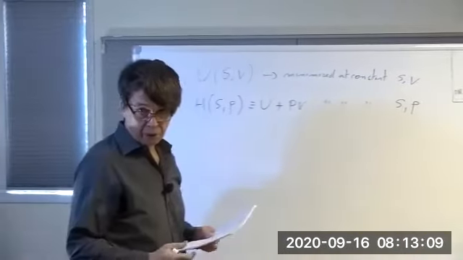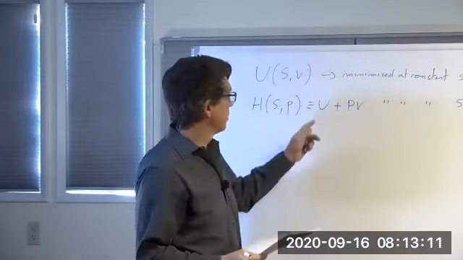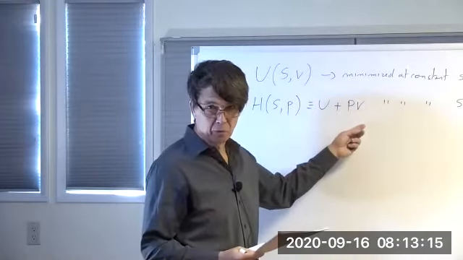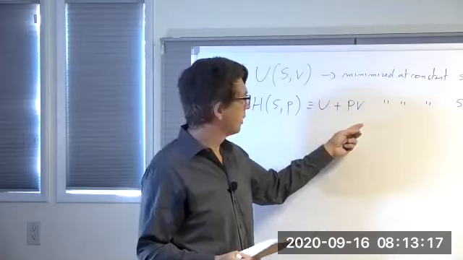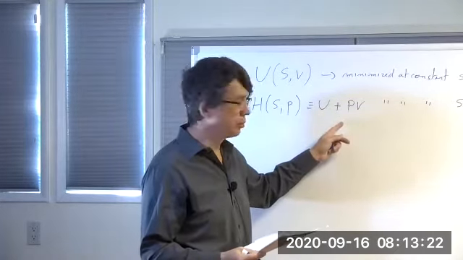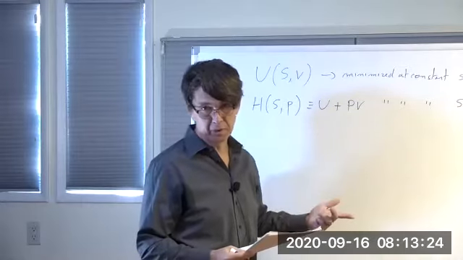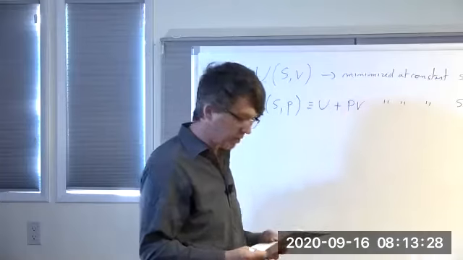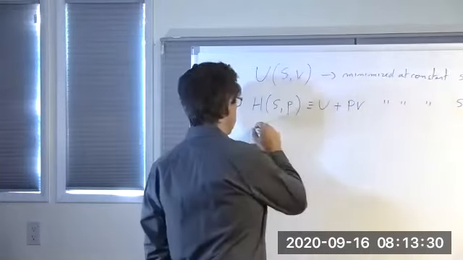And if you remember what I told you, the reason you minimize now not the energy, but the energy plus PV, is because if you work at constant pressure, you have a work channel through which you can have energy exchange with the environment, which is why you minimize not just the energy, you minimize this combination. And then we kept on going.